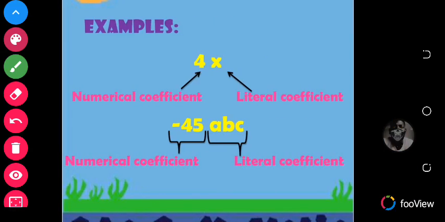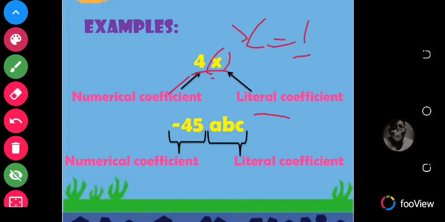Let's look at examples. 4 here is a numerical coefficient because it is the number beside the variable, and the literal coefficient is x. This is because when we have something like x is equal to 1, this 1 is a constant and it can be represented in place of x.